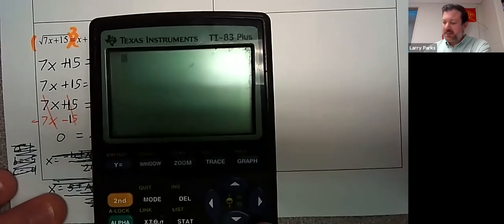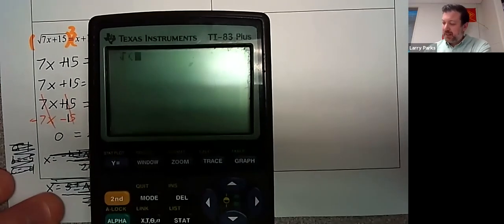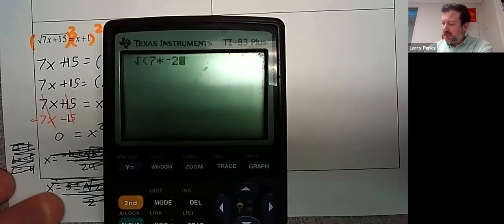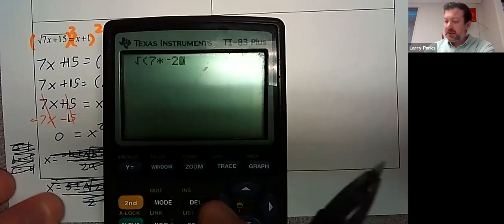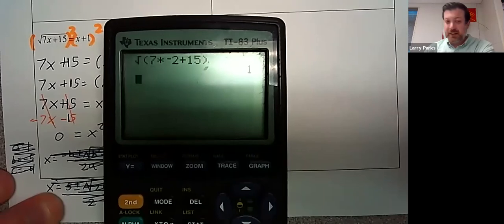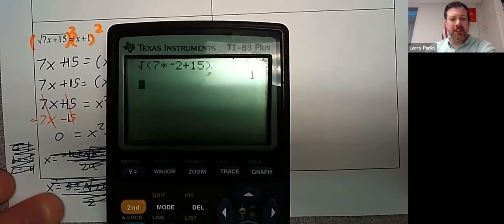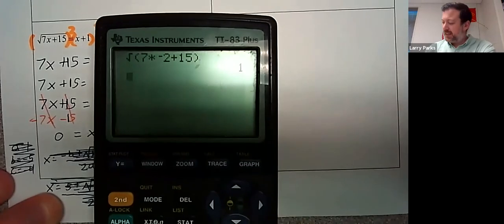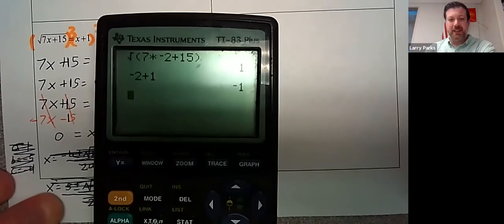On the left side, square root of 7 times, and I think one answer is negative 2. Oops. I need to add 15 before I close it. And that is 1. But then when I plug in negative 2 on the other side, negative 2 plus 1 is negative 1.